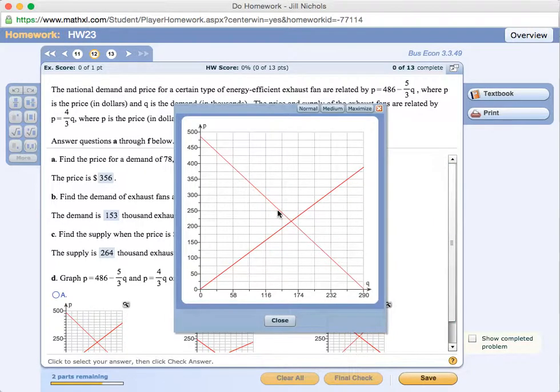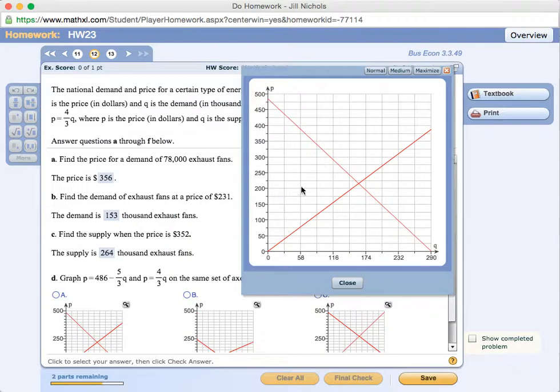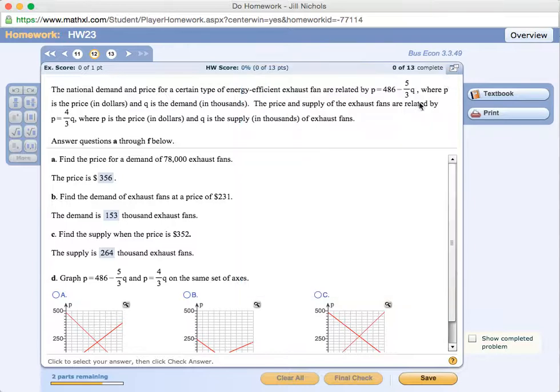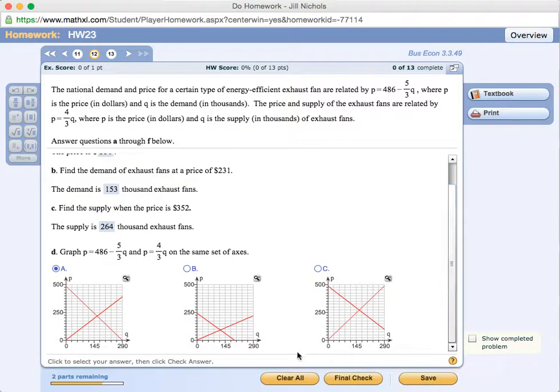If I'm on A, my price is 350 roughly, and the quantity demanded right here is 78. Oh yeah, that's way off. I was reading that point backwards earlier. So that's actually correct. So it looks like A fits all three points pretty well. I just messed up when I was looking at the first point there.